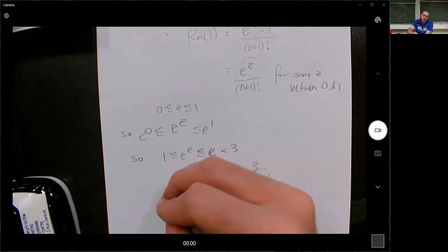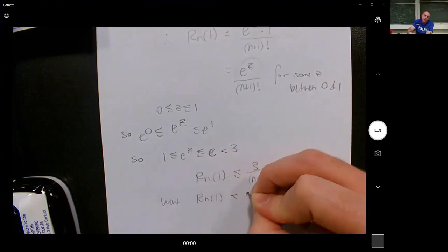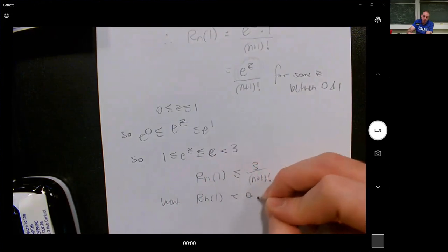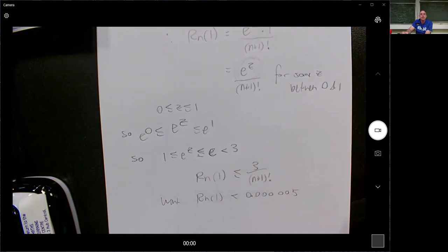And so now I want the error to be less than 0.000005. And so if I arrange for this to be less than 0.000005, then the error will be as well.